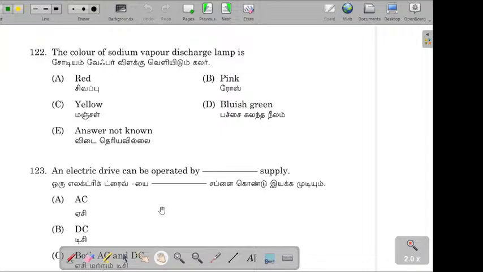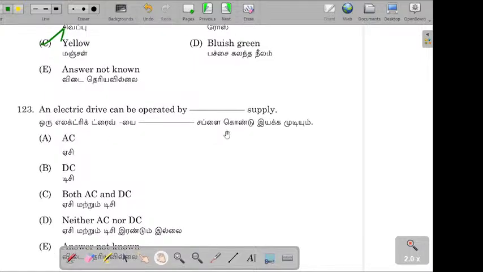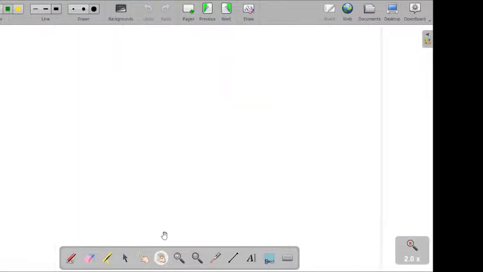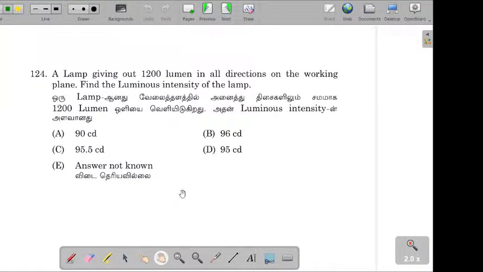The color of sodium vapor discharge lamp is yellow. An electric drive can be operated by dash supply, both AC and DC supply. A lamp giving out 1200 lumen in all directions on the working plane. Find the luminous intensity of the lamp. It will be 95.5 CD.